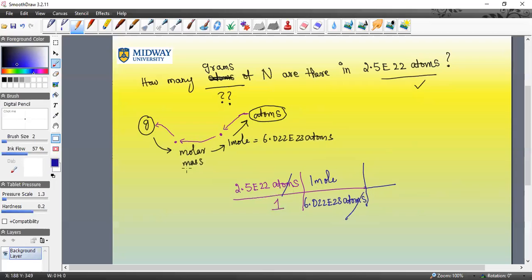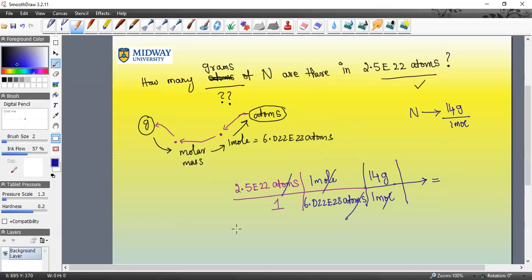And a mole, well, nitrogen's elemental molar mass is 14 grams over a mole. Now keep in mind, in the previous case, the gram went on the bottom. This time the gram is going to go on the top. Why? Because we have to get rid of the mole from our calculation. So 14 grams goes on the top. So that's essentially what we have to do, and that'll give us our answer.